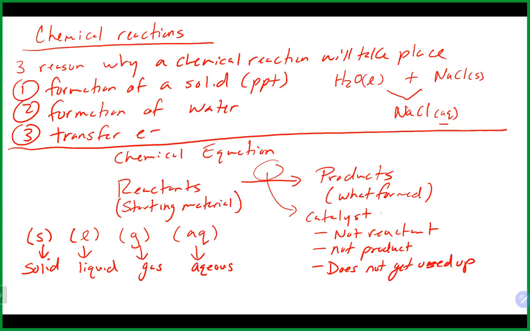Really, a catalyst is there to speed up a reaction. They can be something that's a solid. So maybe over the arrow, you may have something like platinum written there or some type of metal. Sometimes people will write H+, which implies that it's an acid being used as a catalyst. So sometimes you'll see things on top of the arrows. Any questions on a chemical equation here?